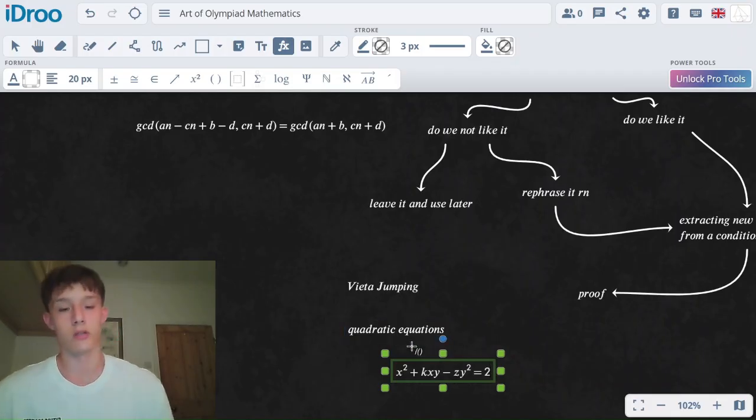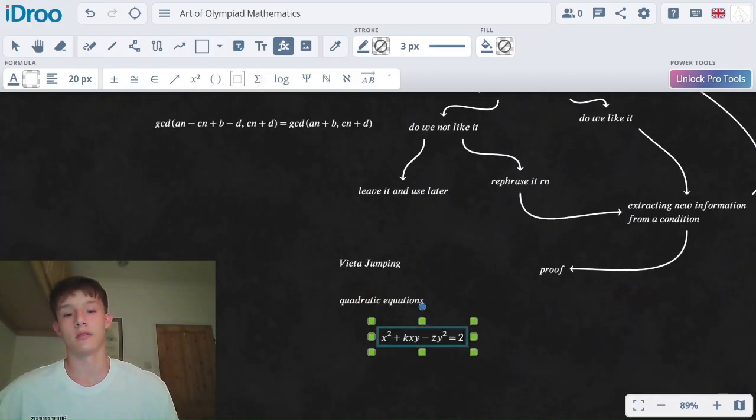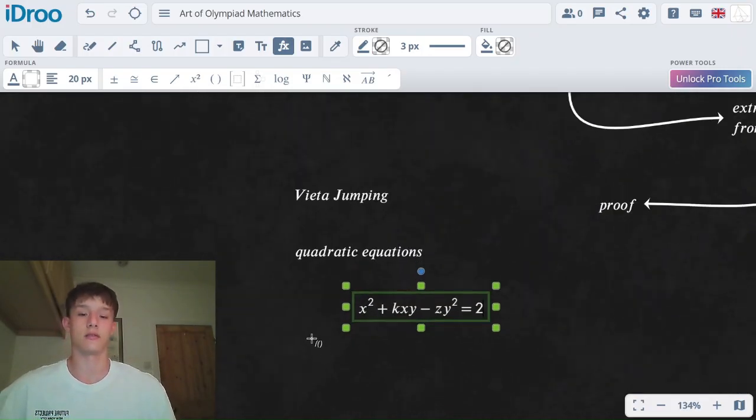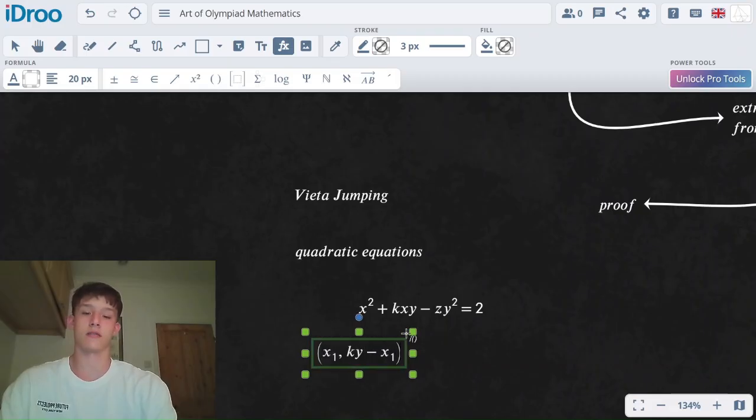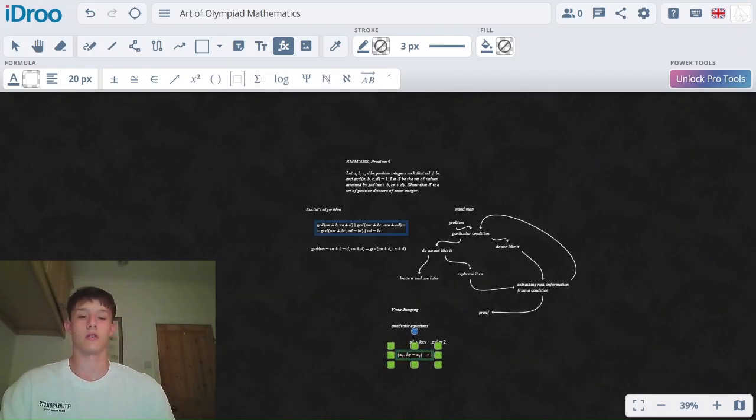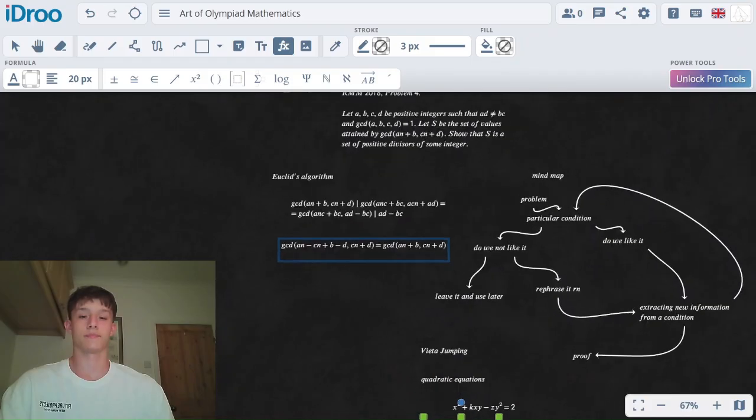They have a lot of solutions, and the idea is taking a solution x1, then by taking k y1 minus x1, that's the second solution, and from the second solution you get a third solution, and you just do these jumps. So this is called Vieta jumping.